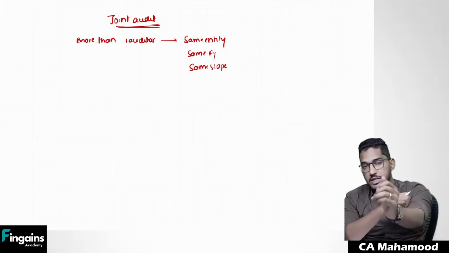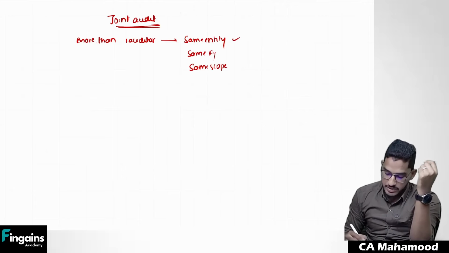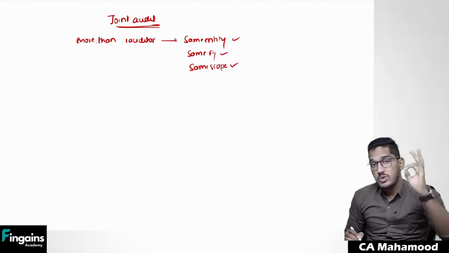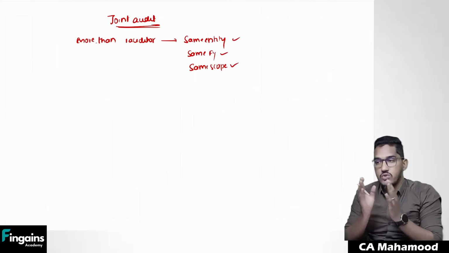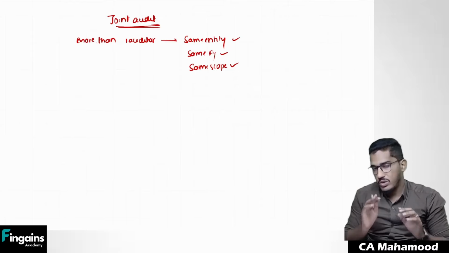So when do we call an assignment a joint audit? When more than one auditor is appointed for the same entity for the same financial year and they have the same scope of work, then we call such audit engagements joint audit engagements. So this is the meaning of joint audit.